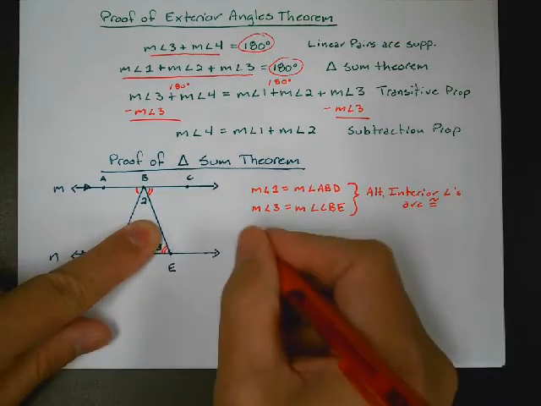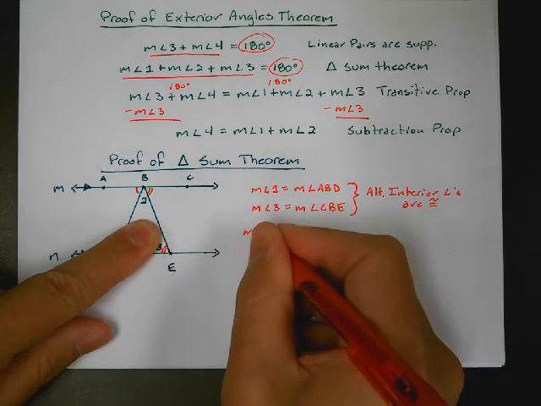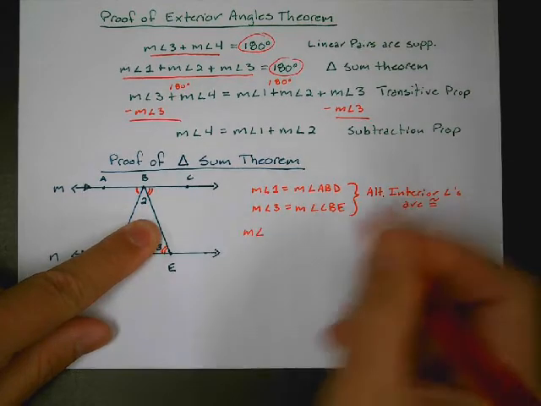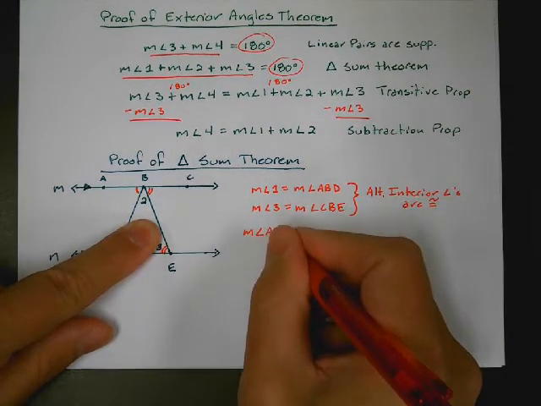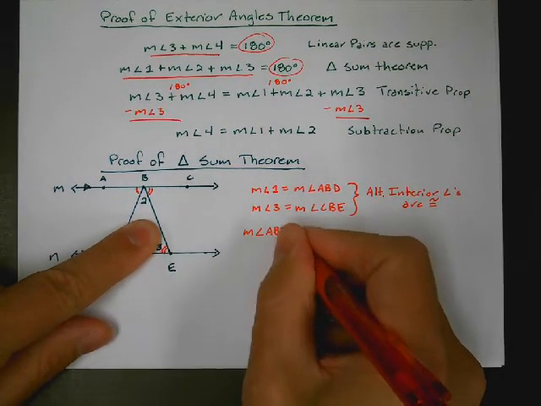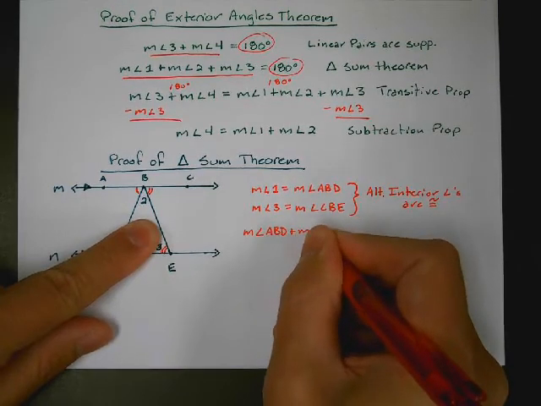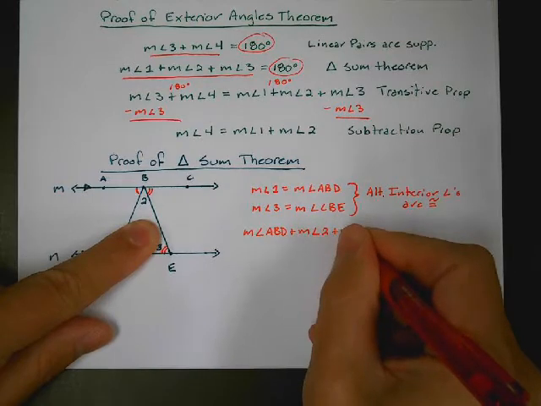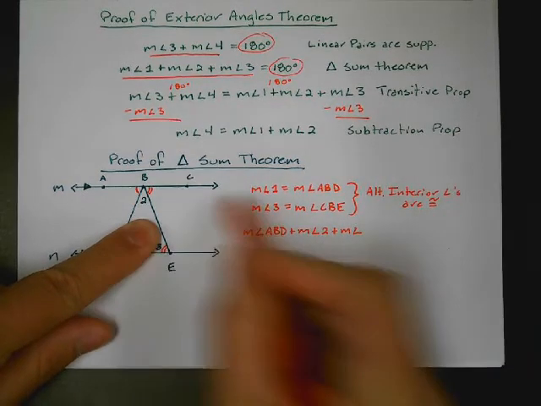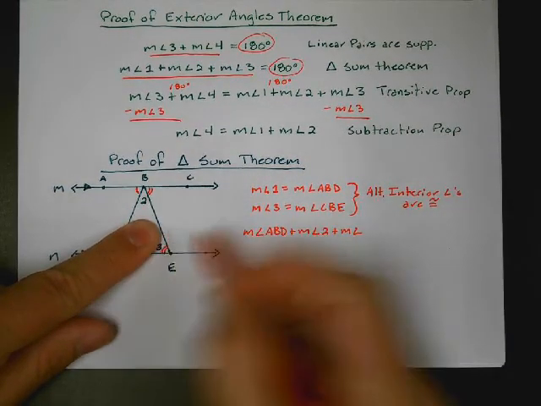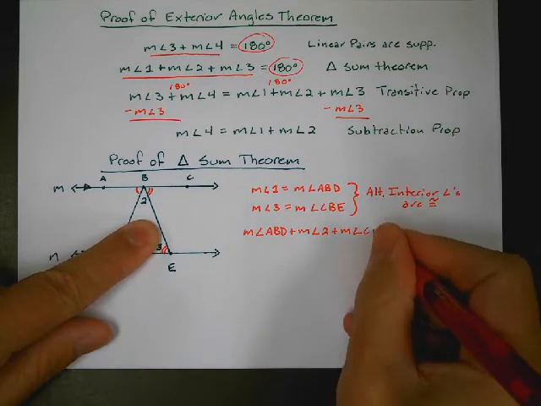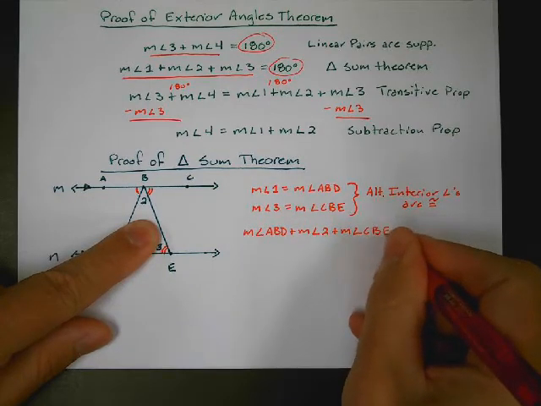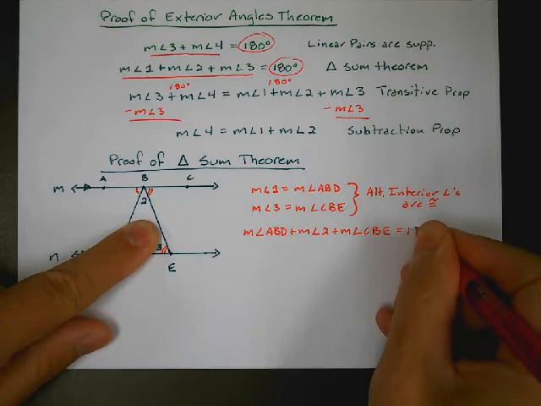So I can say that the measurement of angle ABD plus the measurement of angle 2 plus the measurement of angle CBE, so this one right here, should equal 180 degrees.